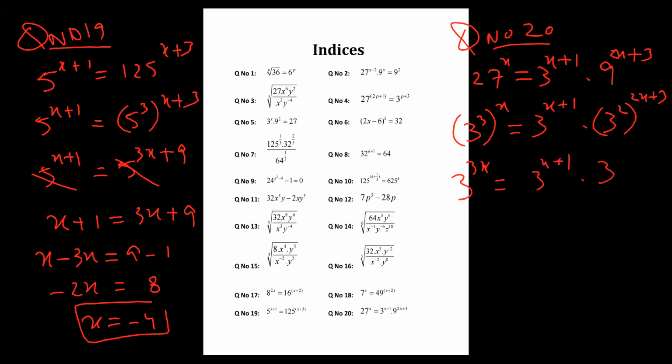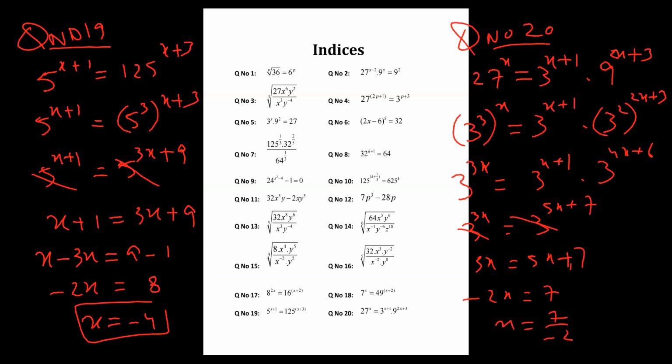Make sure 2 to the 4x and 2 3s are 6. So it becomes 5x plus 7. Same bases cancel. So it becomes minus 2x is equal to 7. x is equal to 7 by minus 2, or minus 7 by 2.